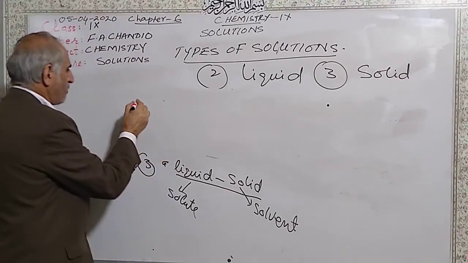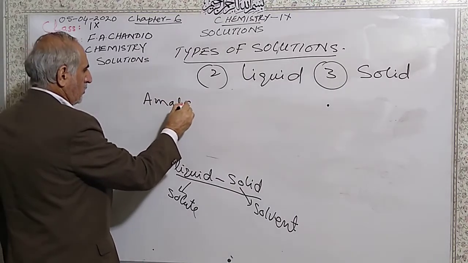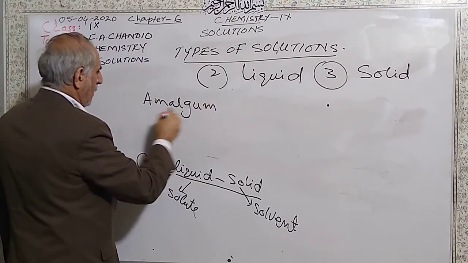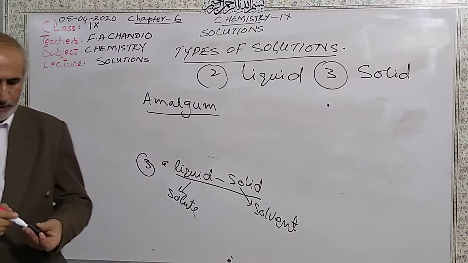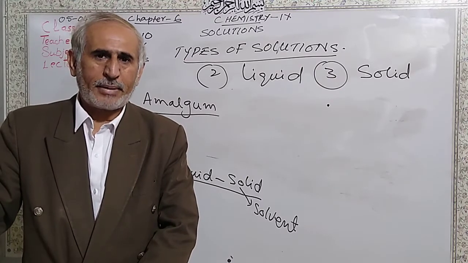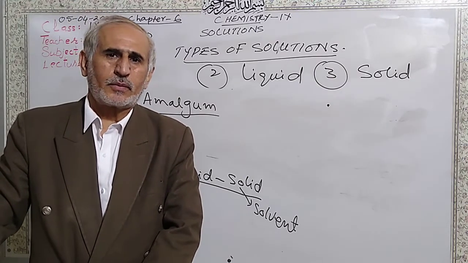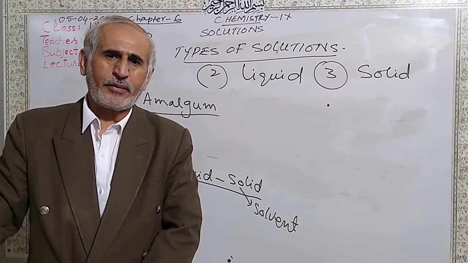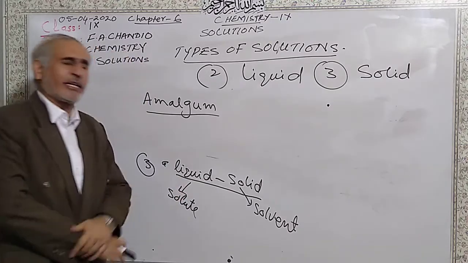Example for this: amalgam. Amalgam, very interesting, important. Mercury is a metal, a transition metal. Mercury is a metal, but it is in a liquid state.